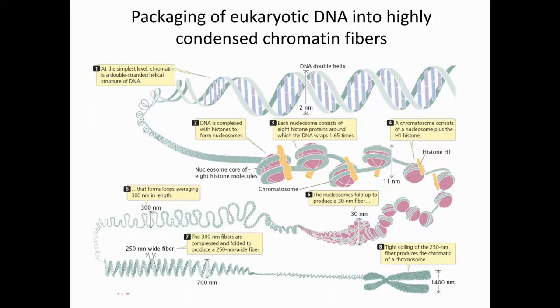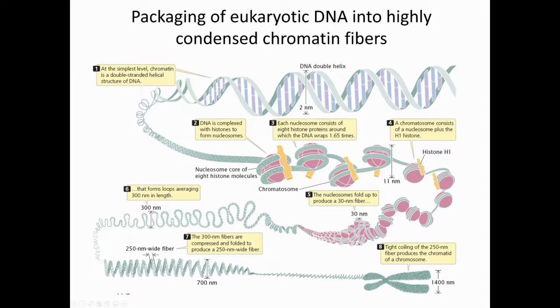In the cell, the packaging system is regulated by the association of DNA with protein. This process includes the packing of the DNA into the nucleosome. From here, you see the DNA double helix at 2 nanometers wide, and then you pack it into the nucleosome, the fundamental repeating unit of the chromosome.